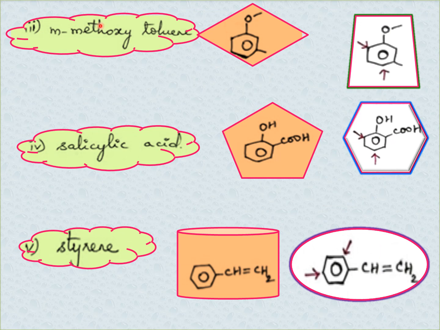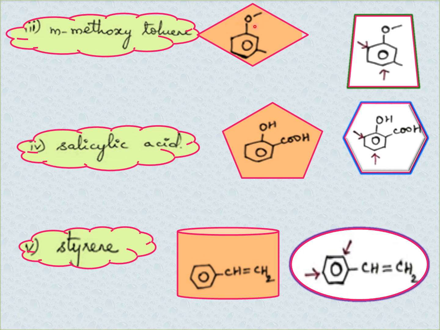Here we have to find out the incoming electrophile position for meta-methoxytoluene. Here both the groups are electron donating groups. So what can we do here? We have to find out which one is more strongly activating. When comparing these two, the methoxy substituent is found to be more activating.